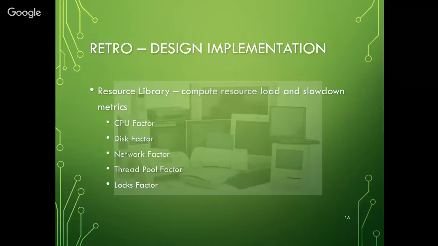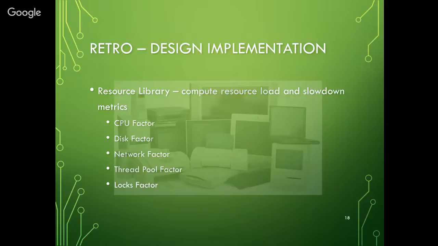So what is this factor here as far as the resource library is concerned? The disk slowdown is measured by using a subset of disk I/O operation types that are monitored, especially read and sync operations. So the network factor. In this case, the load of a workflow on a network link is proportional to the number of bytes being transferred by the workflow.